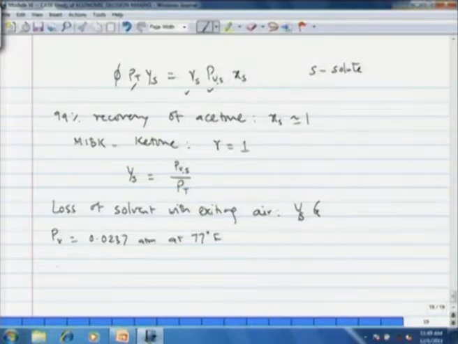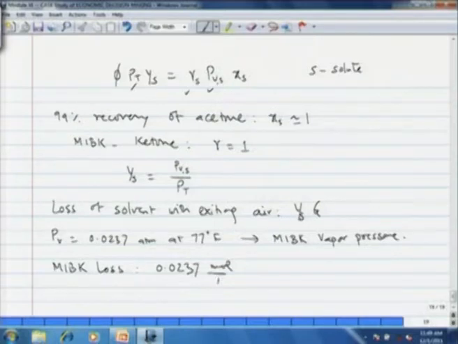So, the MIBK loss will be 0.0237 into 687 mole per hour into 8150 hours per year. Okay.